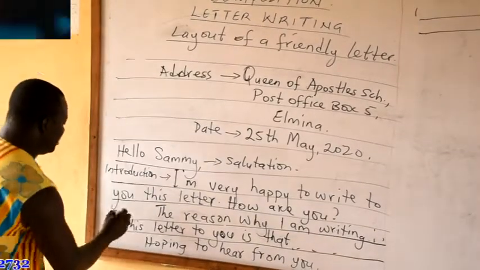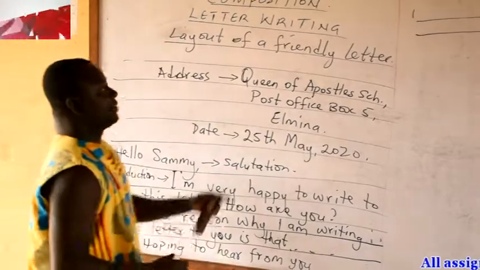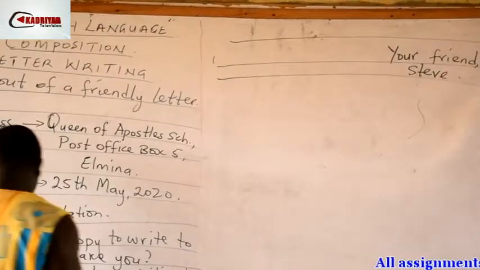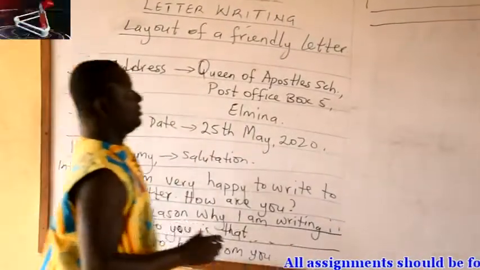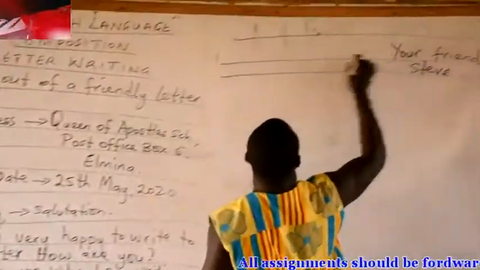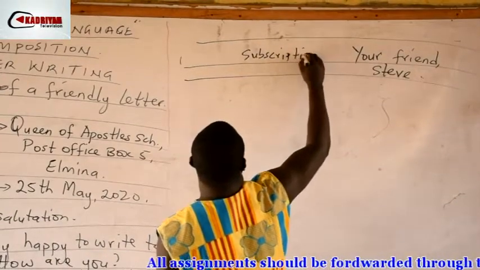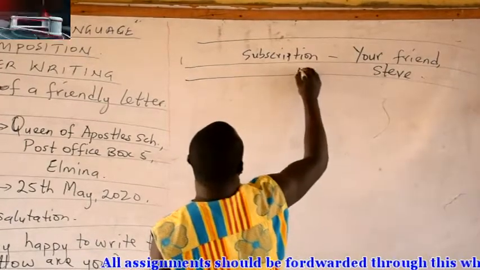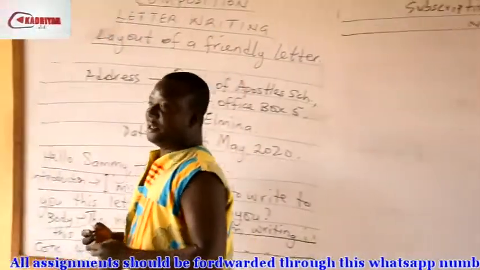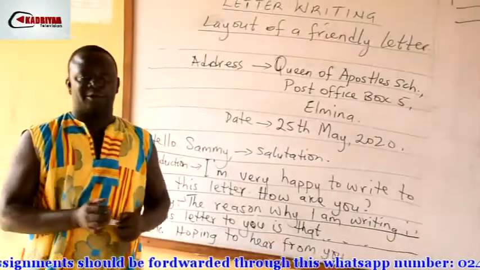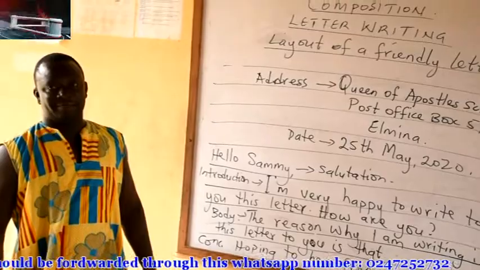This is body of the letter. This is conclusion. This is subscription. And this is your name. You finish with the layout or with the letter. So this is how you are going to write a friendly letter.